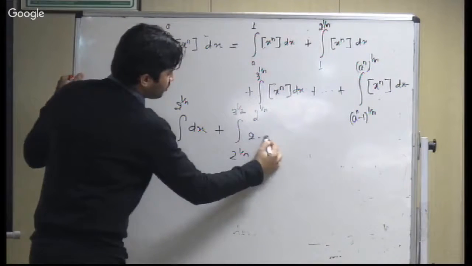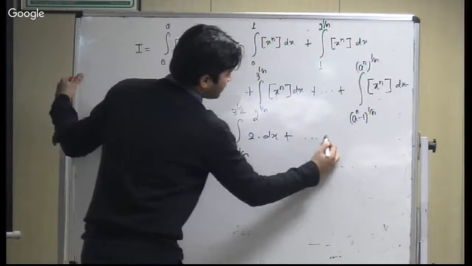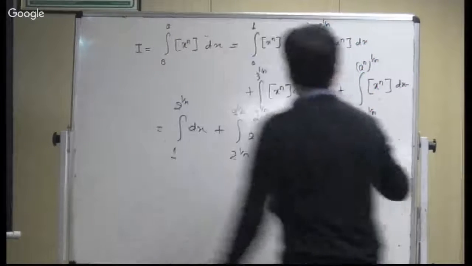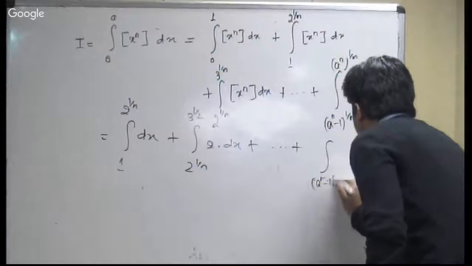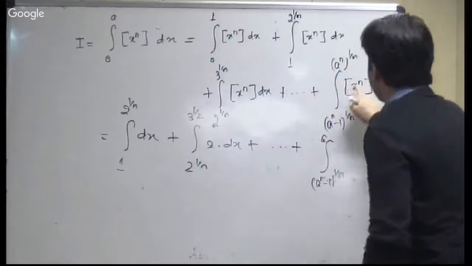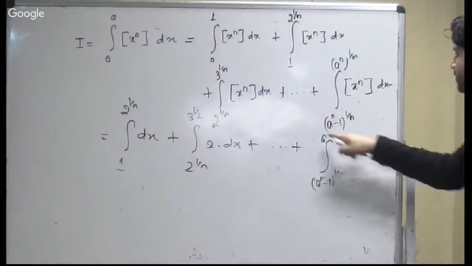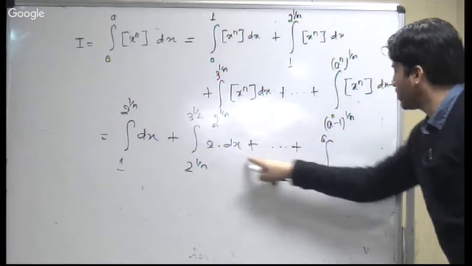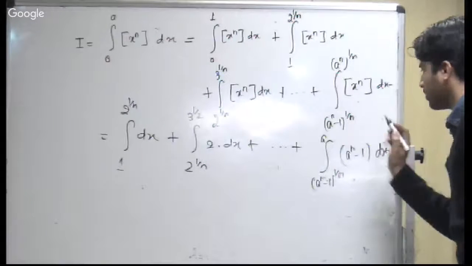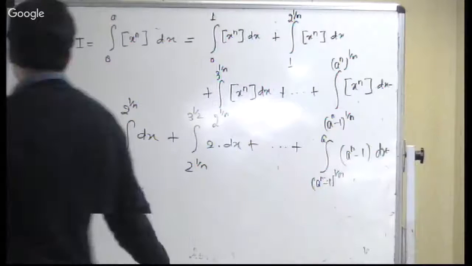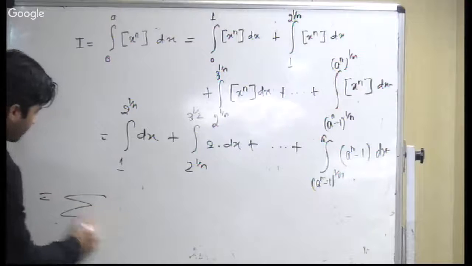It will be 2 dx till a to the power n minus 1 to a. What will be this thing? See, 2, 3, so a to the power, all are constants, so I'm going to make it a summation thing.